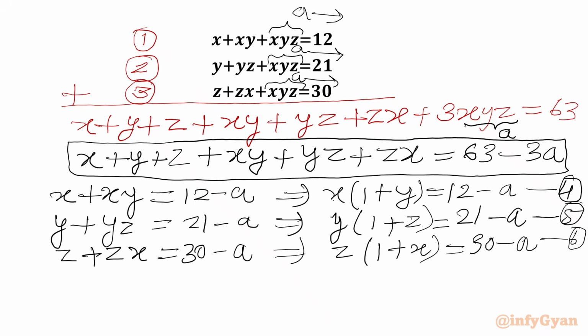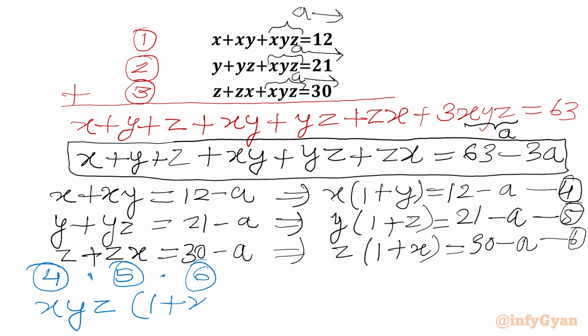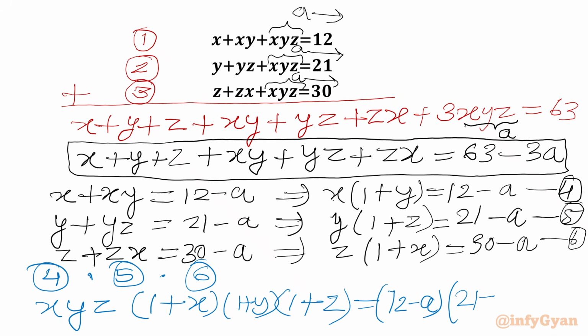Now we are going to multiply 4, 5 and 6. So we'll write here 4 times 5 times 6. We will get x times y times z, xyz in bracket 1 plus x times 1 plus y times 1 plus z, and in RHS there will be 12 minus a times 21 minus a times 30 minus a.